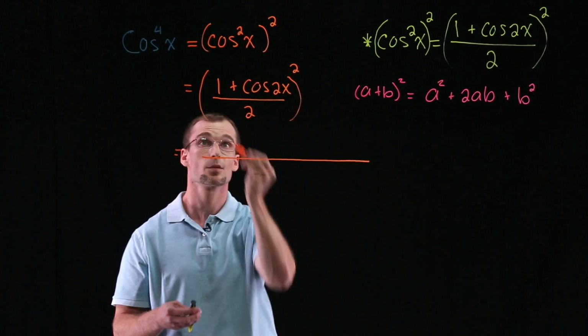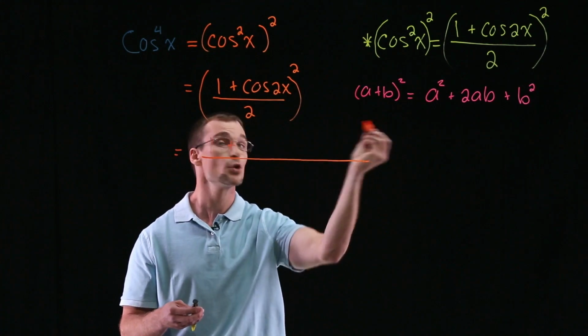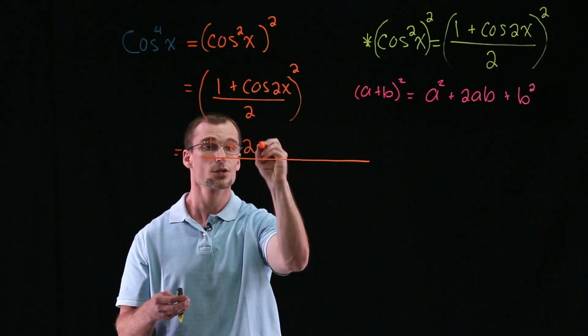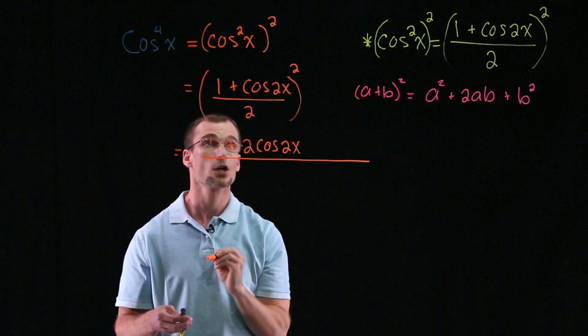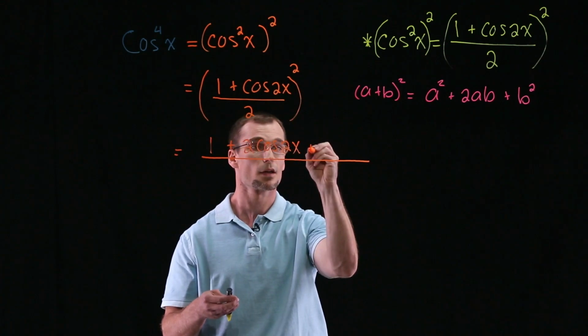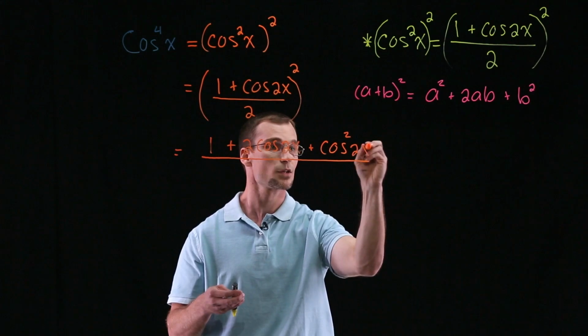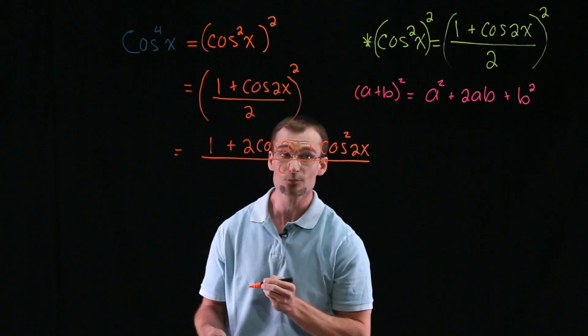Okay, so our numerator is going to be, well, a, or 1 squared, which is 1, plus 2ab, or 2 times 1 times cosine 2x, or just 2 cosine 2x, plus cosine 2x squared, and all divided by 2 squared, which is 4.